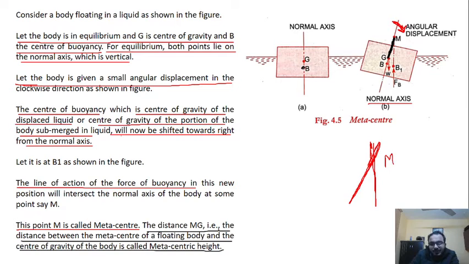So here we have seen two things. First is the metacenter, which is the intersection of the normal axis and the line of force. And GM is the metacentric height.